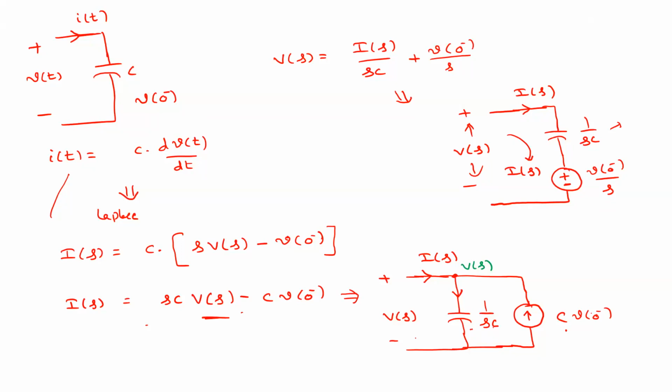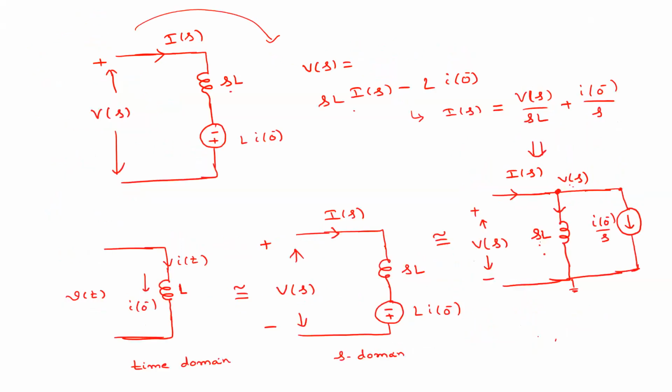Now what we understood is that the resistor is as it is. In the case of the capacitor, C becomes 1 by SC. If you have initial conditions, it will be like this. These are the circuits.